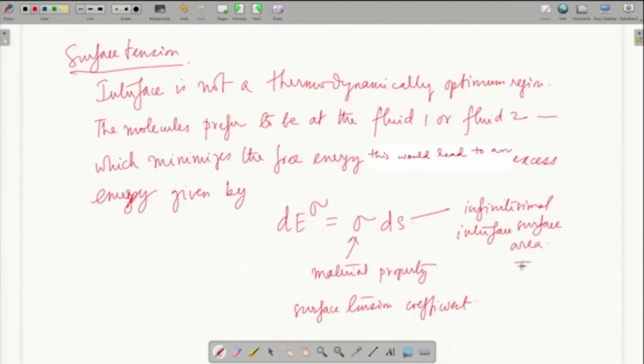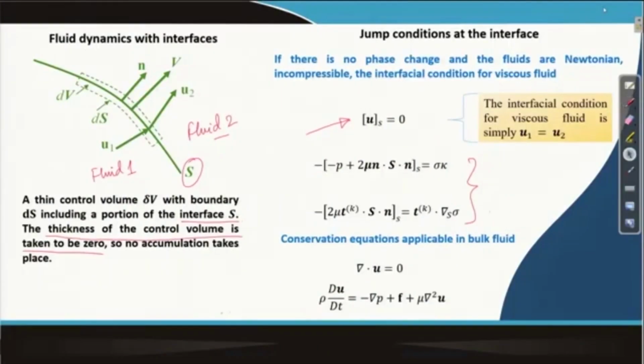So this is how the free energy minimization works at the interface, and this is how it links with the surface tension coefficient and the interface surface area. We will discuss more on this aspect in the next lecture, and we will try to explain a little further on these two equations and move on. Thank you.